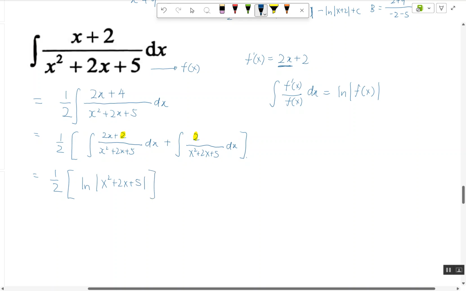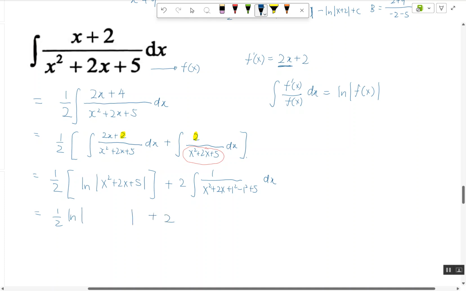The second one is more complicated. Take a 2 on the outside, integrate 1 over, now I know that this guy cannot be factorized. So what do I have to do? Complete the square. x² + 2x + 1² - 1² + 5 dx. Continue to write whatever you have done for the left side one.